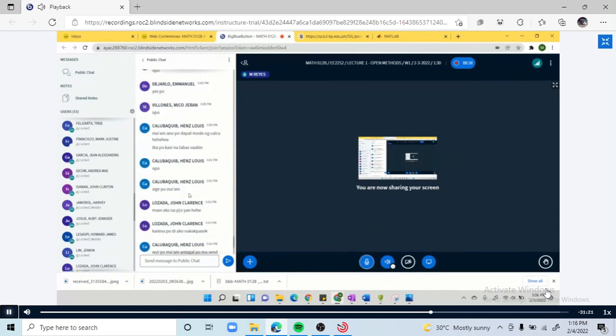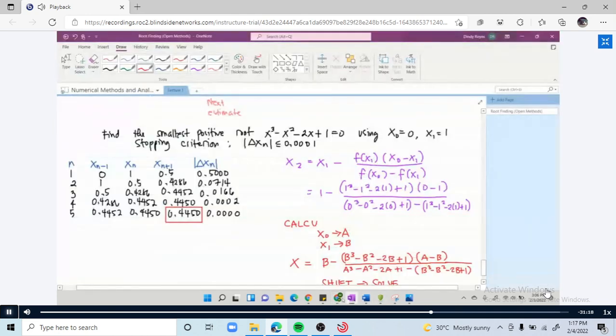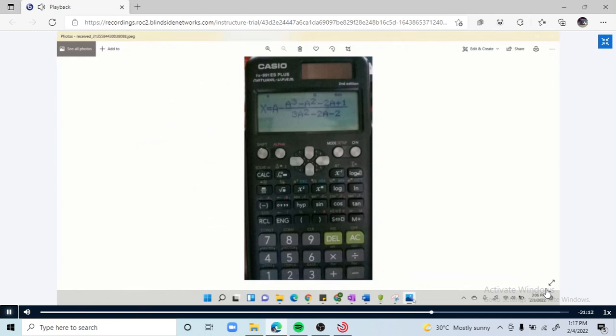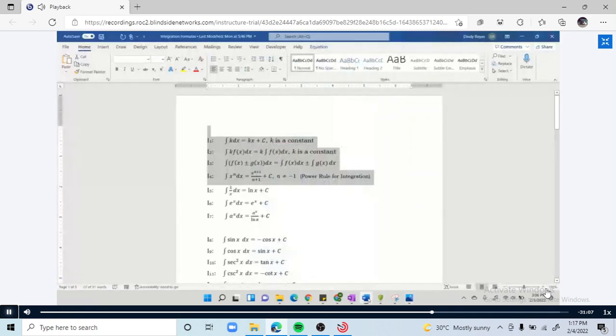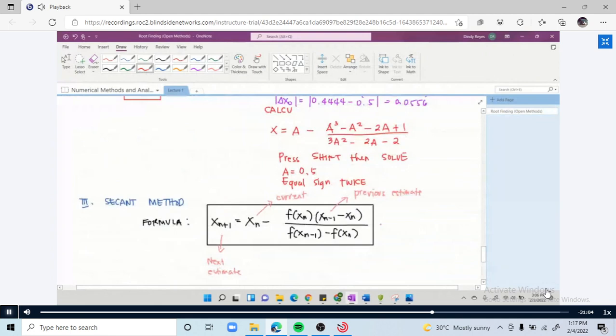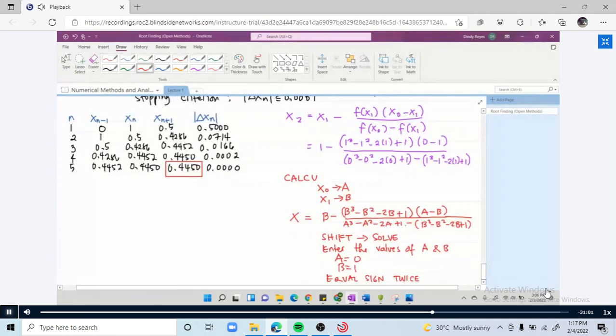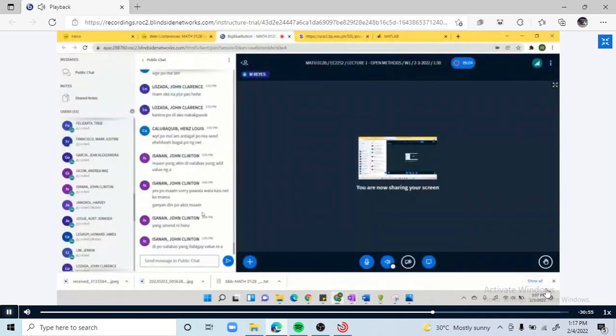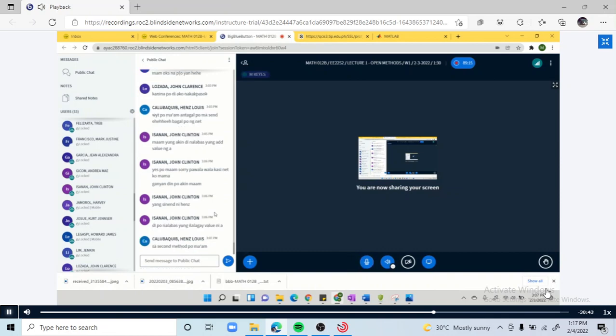Hindi po, iba po kasi lumalabas sa akin. Pero tama yung formula mo, no? Bakit wala kang B? Sa secant method ba yan, iho? Magkaiba kasi tayo, B and A dito. Bakit siya puro A?